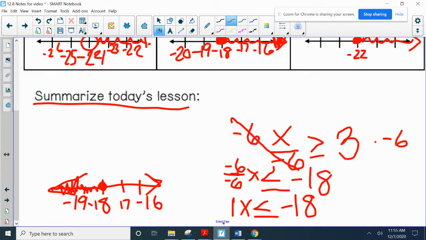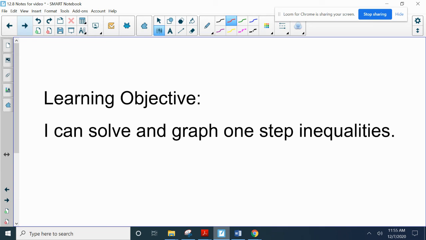All right, perfect. Let's talk about what we learned today. Our objective was that we can solve and graph one-step inequalities. You rocked those last 4 that I had there. Kind of Hail Mary that number 4 to make sure we covered every single idea that entails with one-step equations or inequalities.